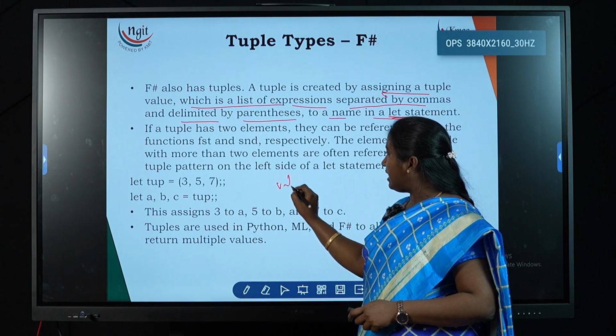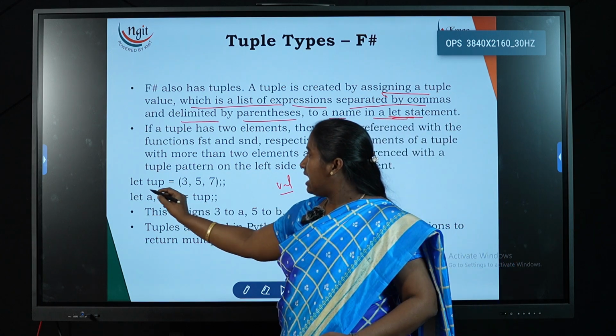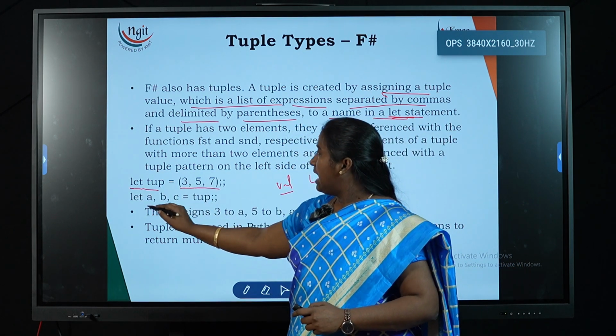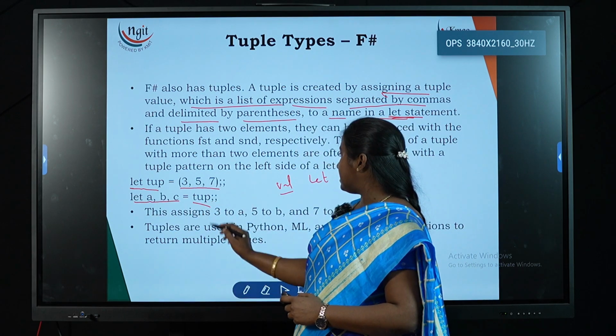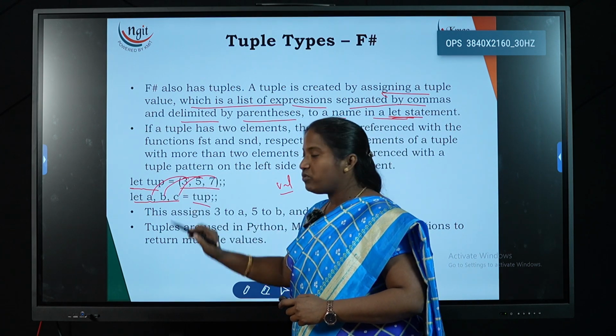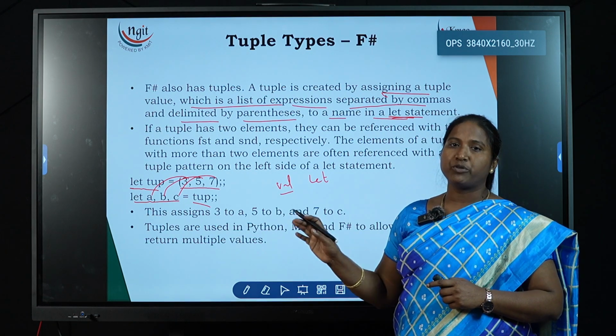ML uses the val keyword, F# uses the let keyword. Now look at this. let tuple = (3, 5, 7). let (a, b, c) = tuple. This assigns 3 to a, 5 to b, and 7 to c. This kind of syntax is allowed in the F# programming language.